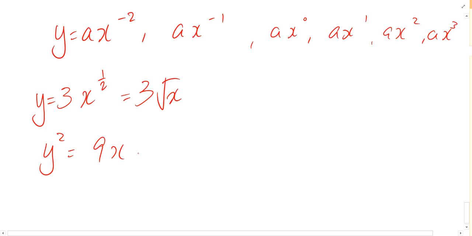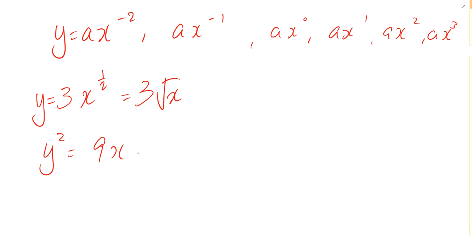Yes. We just learned it yesterday, right? What is this shape? Parabola opening. Opening left or right? Opening to the right, because you see on the left hand side, it's a y square, isn't it?